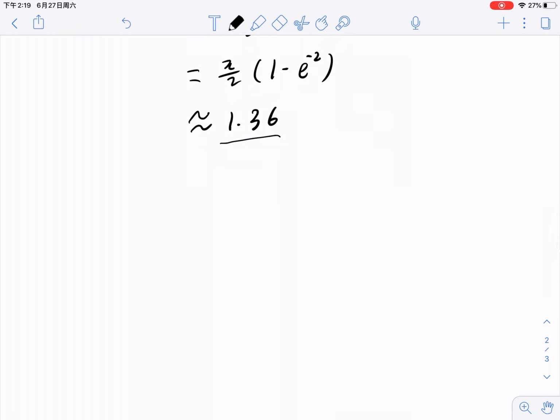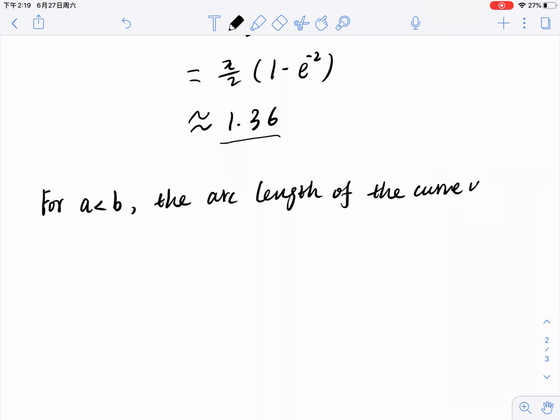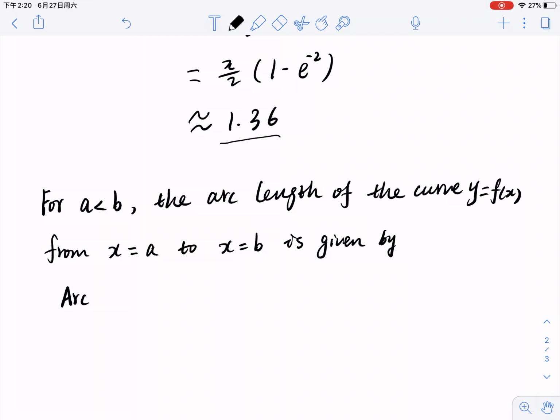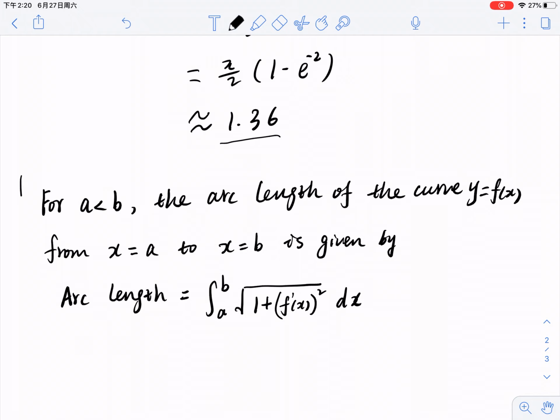So the formula is, for a less than b, the arc length of the curve y is f of x from x is a to x is b is given by arc length equal to the integral from a to b of the square root of 1 plus f prime x squared dx. This is the arc length formula.